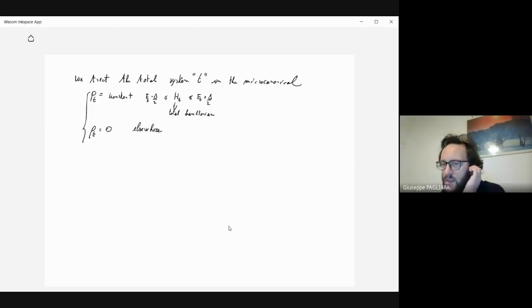Okay, so it is exactly the microcanonical ensemble applied to the total system.